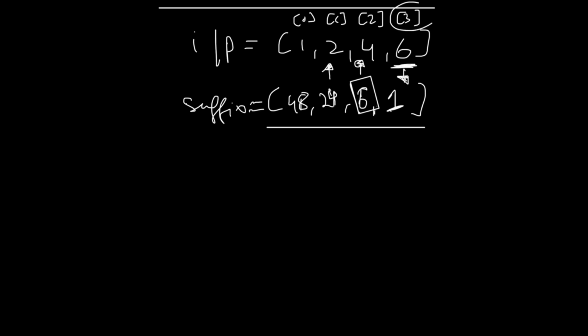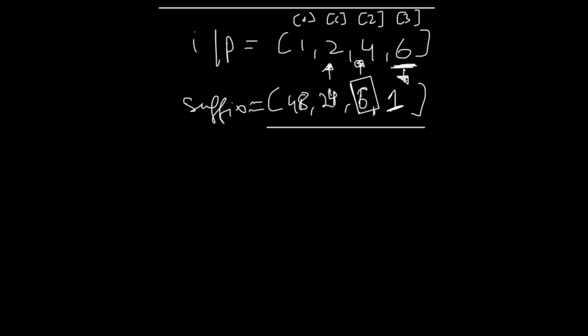So for example, at index 3, the value corresponding to the suffix is the product of all numbers after 6, which is, well, there are no numbers after 6, so it's going to be 1. For the number 4, the product of all numbers after 4 is 6. And so on for number 2, the product of all numbers after 2 is 4 and 6, which is 24. And that's our suffix array.